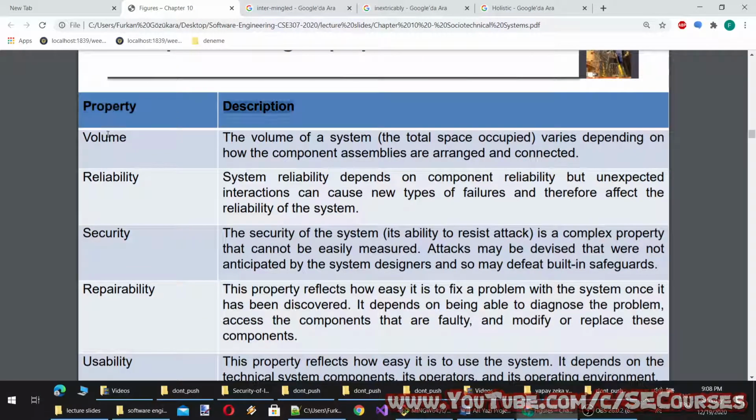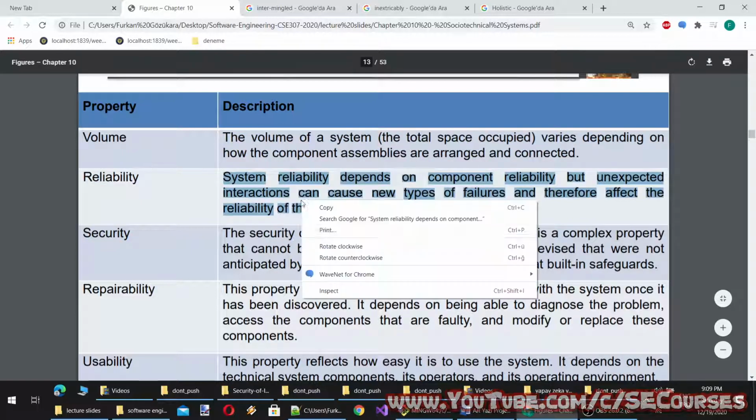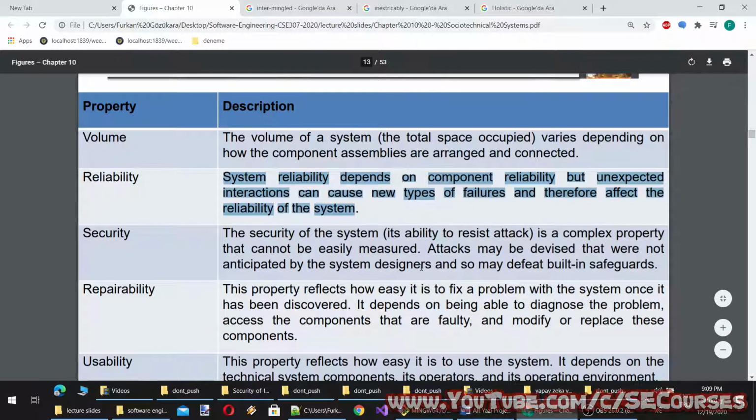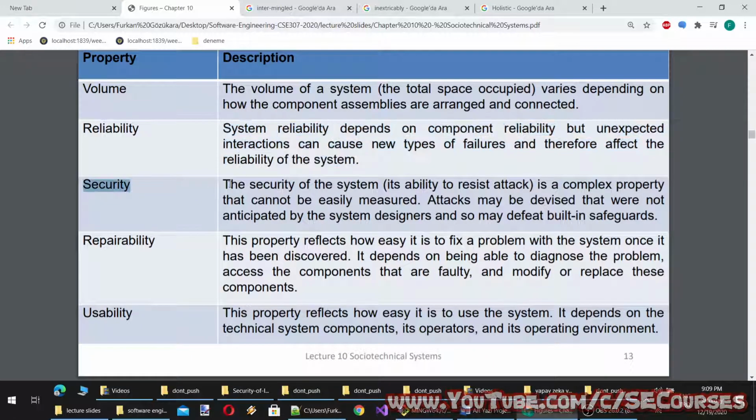Examples of emergent properties. There is property and description. So the property volume: the volume of a system, the total space occupied, varies depending on how the component assemblies are arranged and connected. Reliability: system reliability depends on component reliability, but unexpected interactions can cause new types of failures and therefore affect the reliability of the system.